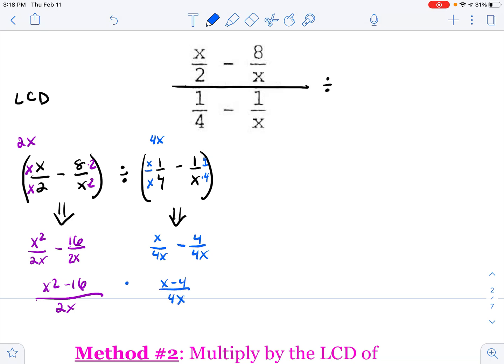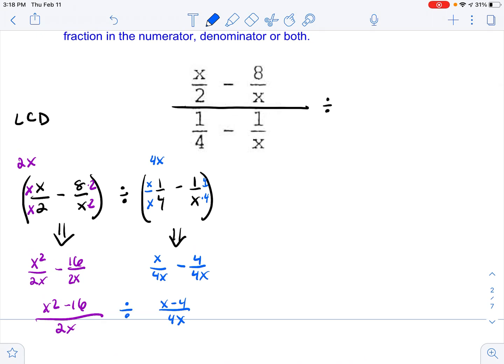Okay, now we know that there is a division sign in between these, because one was our numerator, one was our denominator. And so with division, we know to simplify, we keep the first fraction, we change to multiplication, and actually, I'm going to use a dot to represent multiplication. And we flip our second fraction.